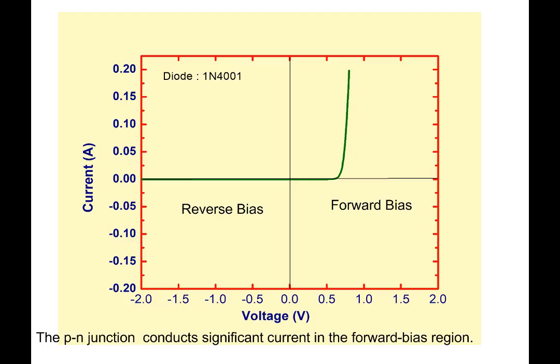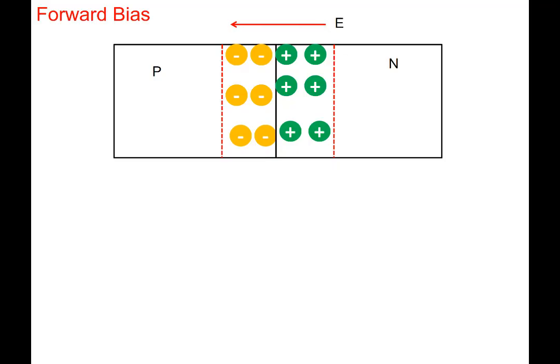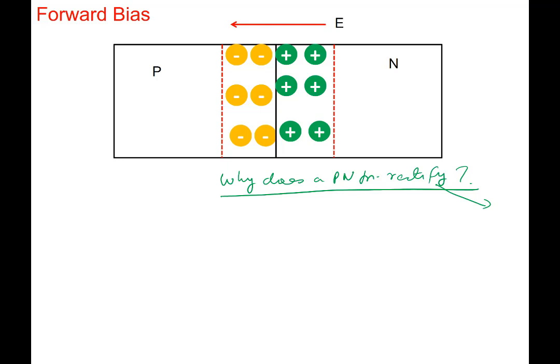So the first issue is a qualitative understanding of why a PN junction rectifies. Large current in one direction and small current in the other direction. That's what we mean by rectification, right? There's an asymmetry between forward and reverse bias.